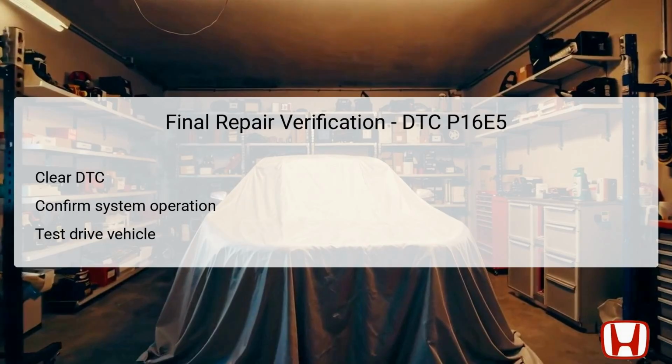After completing all the necessary inspections and rectifications associated with DTC P16E5, it's vital to conduct a final repair verification. Start by clearing the stored DTC from the PCM using a suitable diagnostic tool. Post-clearance, confirm the status of the system to ensure that all components are communicating effectively.